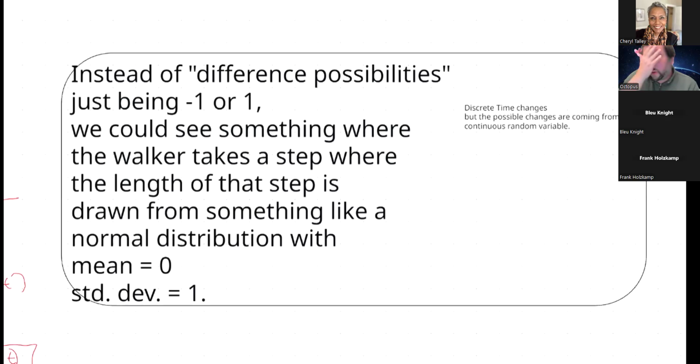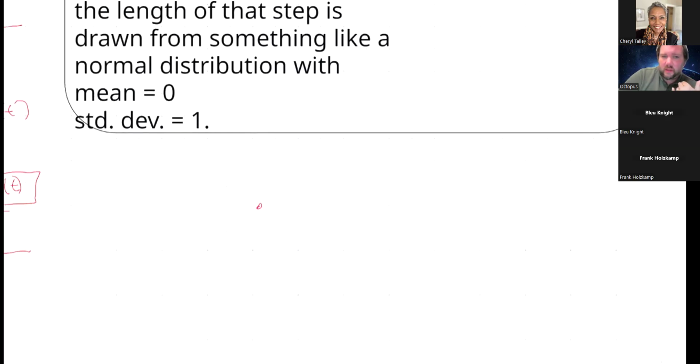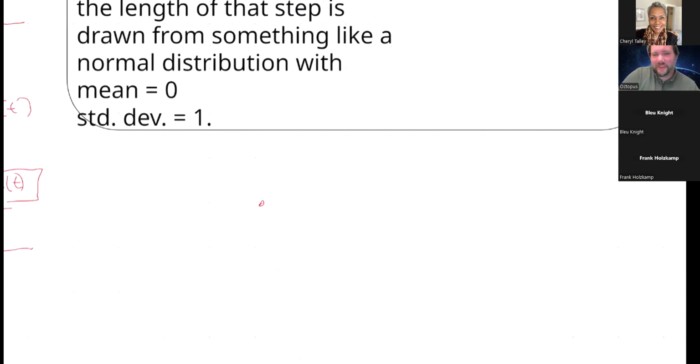Where it becomes a stochastic differential equation is when we shorten the time steps, so that we're not thinking about there being any separation, but rather the walker is constantly making a decision about whether or not to make a very small step. And over time, those instantaneous decisions add up.